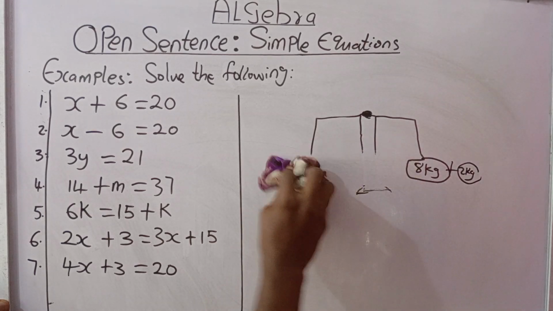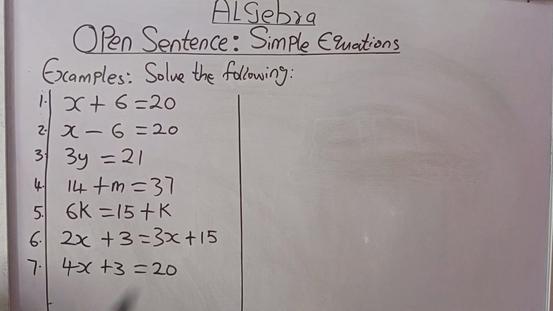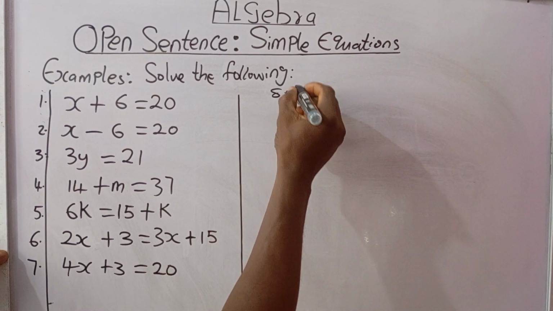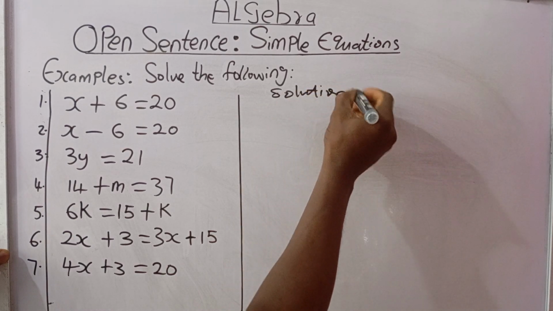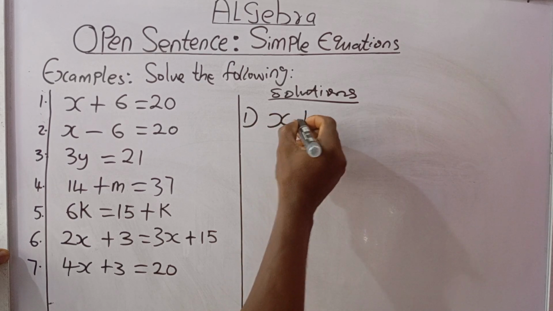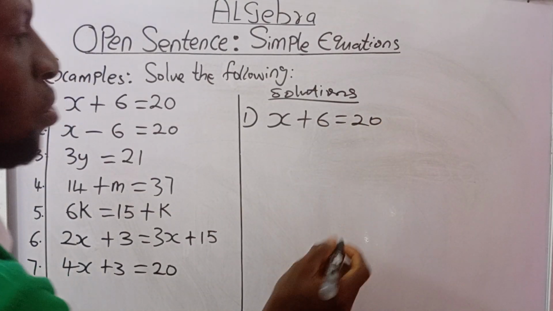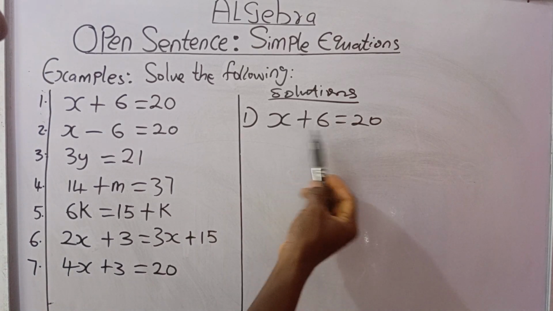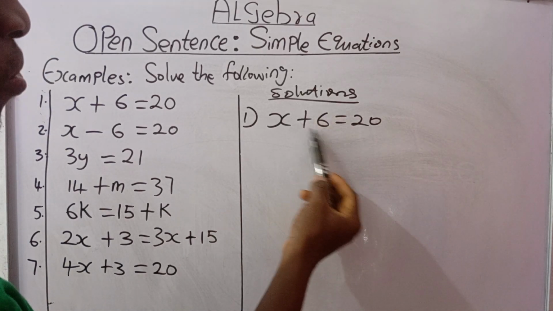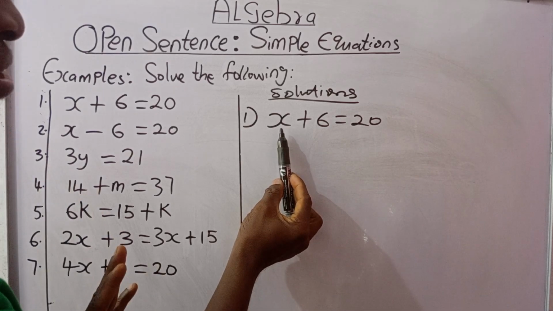All right, so let's start with the first one. Example 1, solutions. In number 1, we have x plus 6 equal to 20. So how do we solve this? We solve this by collecting like terms. So we let all the numbers move to one side and let the alphabet be at one side.